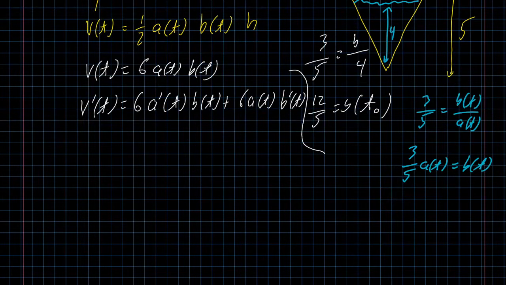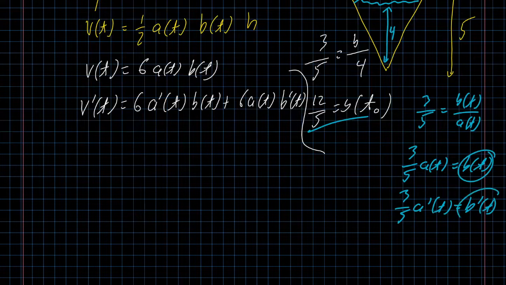Which means that 3/5 of a of t is equal to b of t. I don't necessarily need that in general, although I can use that to my advantage. I can use that so that I don't need to have b of t naught as a separate thing. I can also use that to differentiate implicitly again. All right, differentiating this equation implicitly, 3/5 of a prime of t is equal to b prime of t.